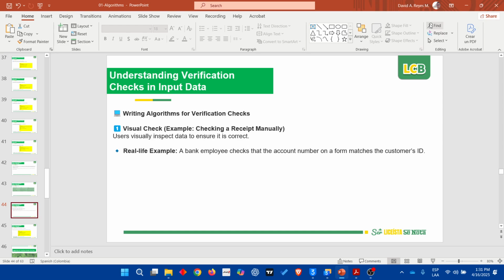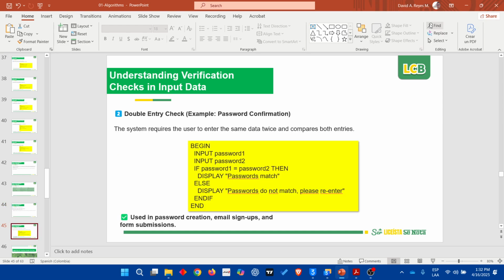Use a visual check example, checking a receipt manually. Users visually inspect data to ensure it is correct. Real life example, a bank employee checks that the account number on a form matches with the customer's ID. Double check entry, I already explained you.